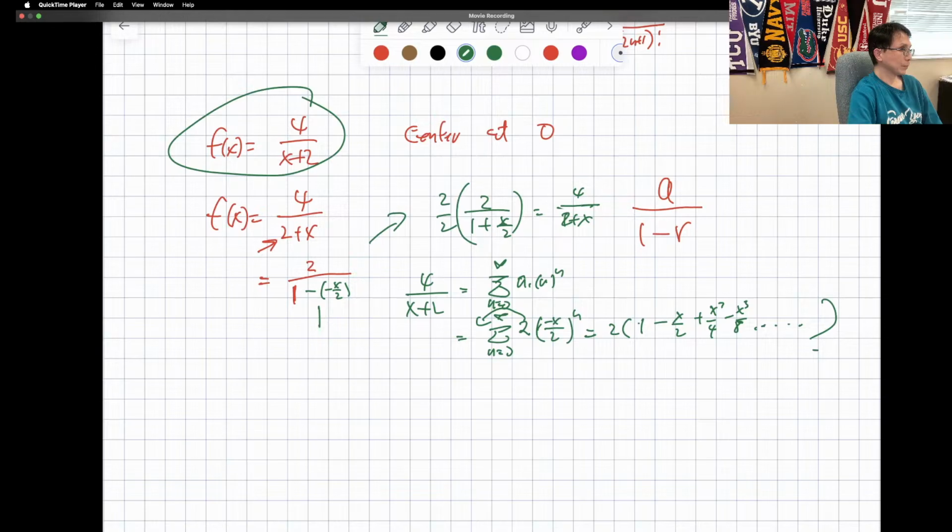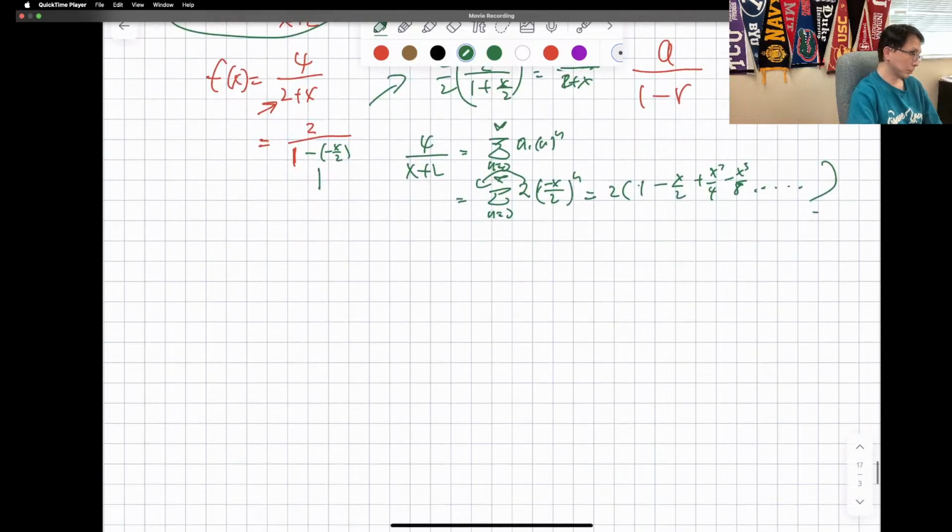For this, the radius is going to be 2. But the interval of convergence is going to be negative 2 to 2. You have to work it out. Negative x over 2 has to be less than 1, and you work it out, it's going to be between negative 2 and 2.